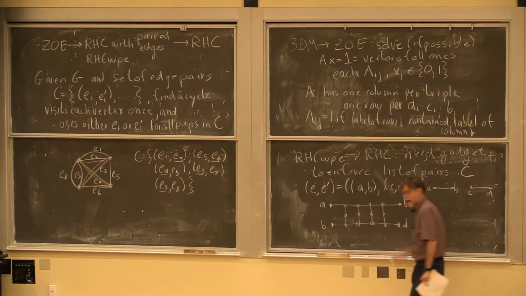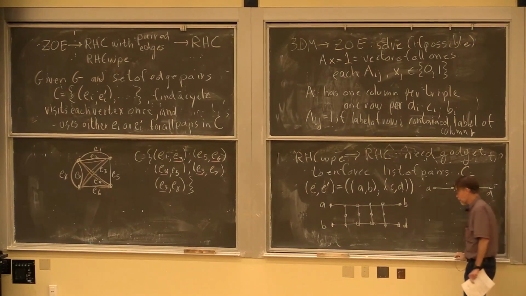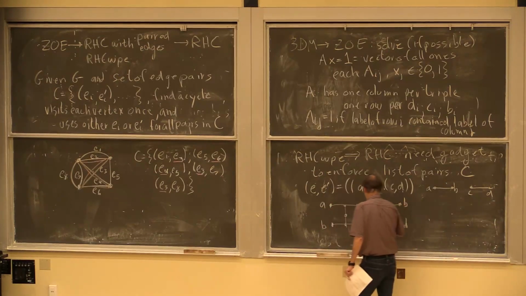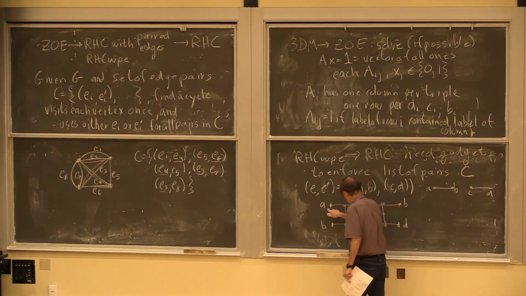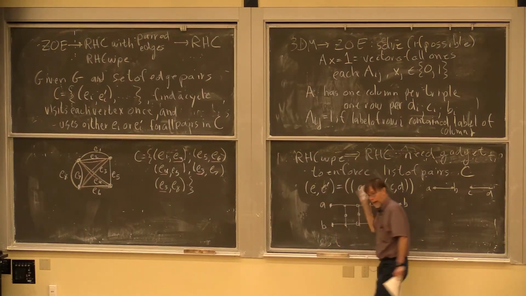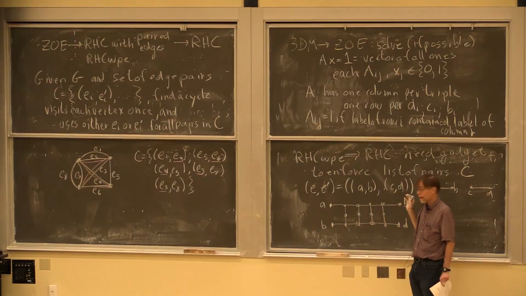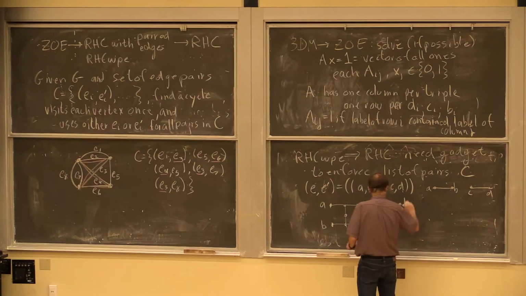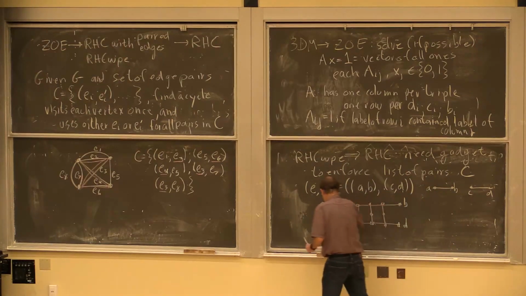So I've just added lots of extra vertices and edges. And there's no other way to get to these vertices other than coming in and exiting through the ends. Yes? A, B, this should be a C, thank you.